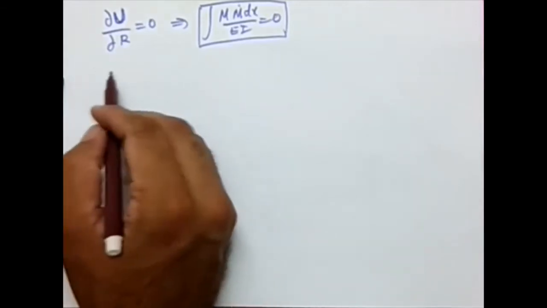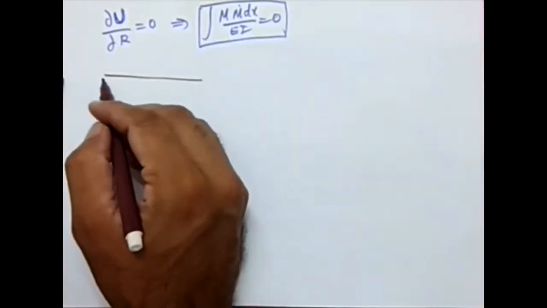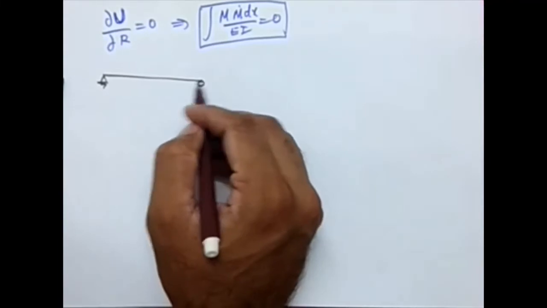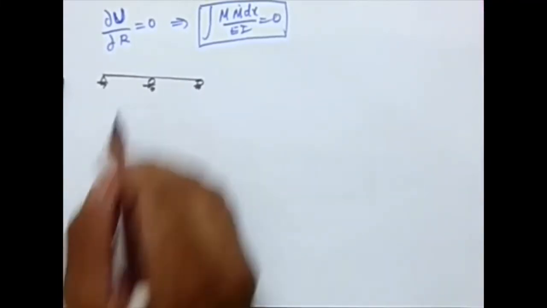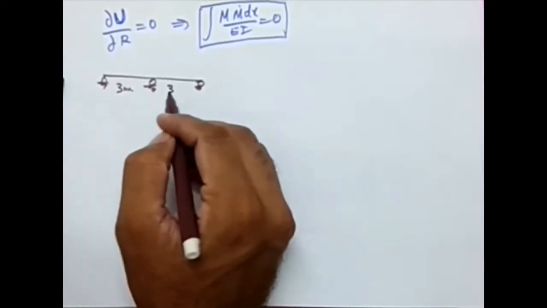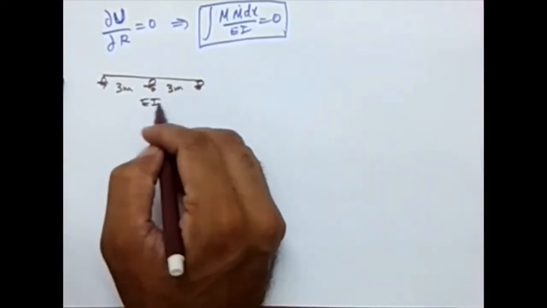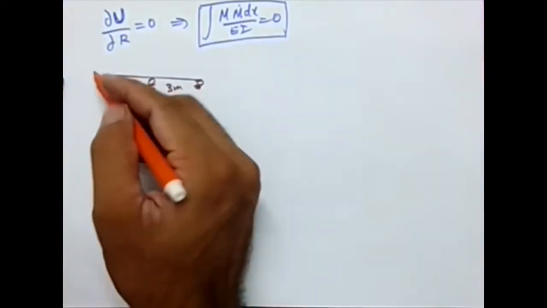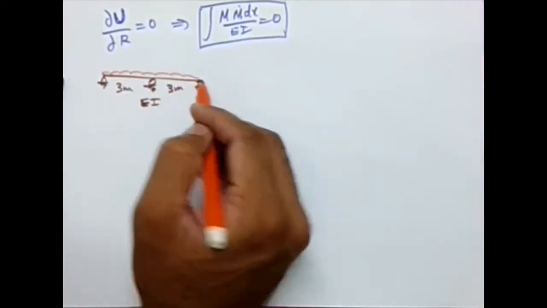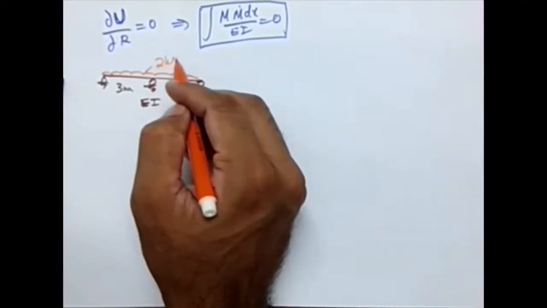So the problem definition goes something like this. I have a beam with a hinge, roller and roller. Let this be 3 meter. Let's put the EI value as constant, and it is subjected to, say, a UDL having intensity 2 kilonewton per meter.